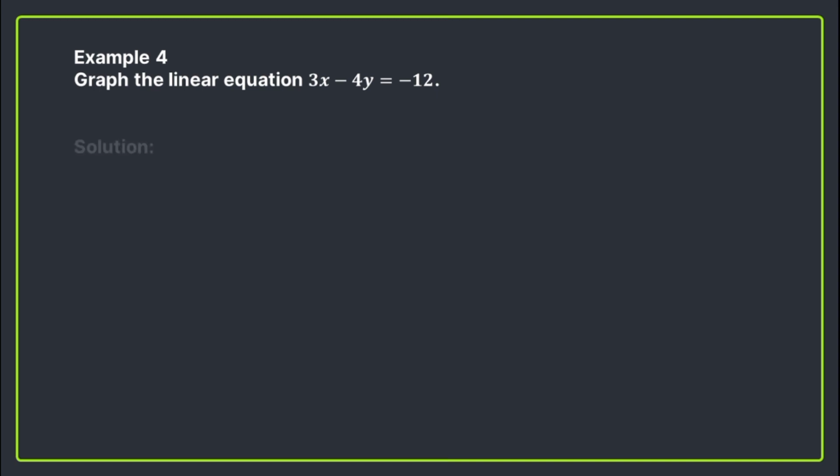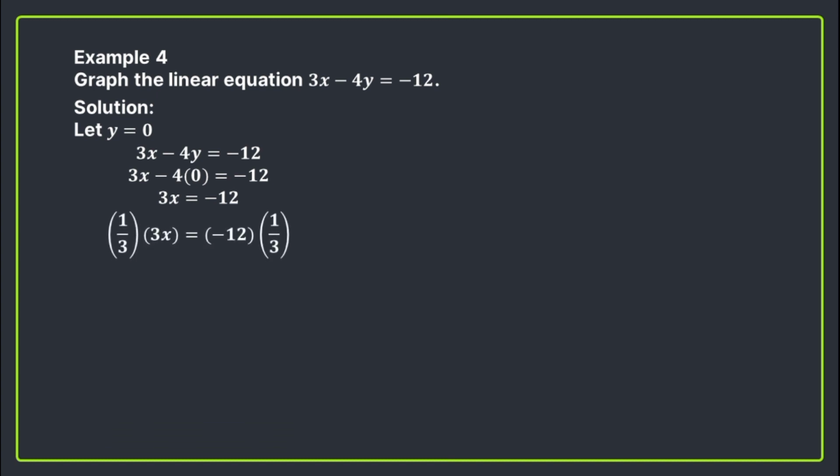So we let y equal 0, we substitute the value of y, which is 0, and 3x minus 4 times 0 equals negative 12. 3x minus 4 times 0 is 3x, and we copy the negative 12, and we multiply both sides by 1/3. So the value of x equals negative 4. So we have now the point (negative 4, 0).